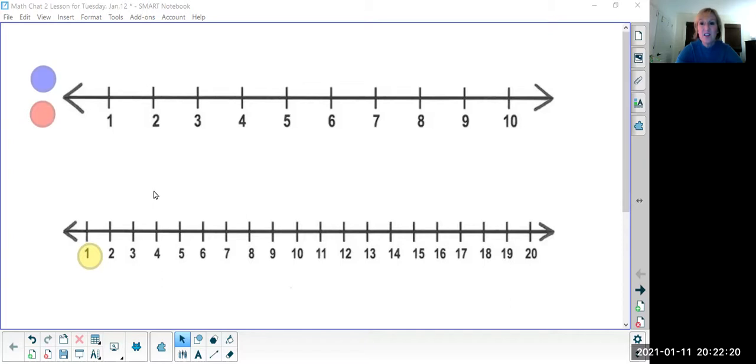You don't have to draw fancy dots like this. You can just draw little dots quickly. Yay! So there's our one group of 10, one full ten frame.